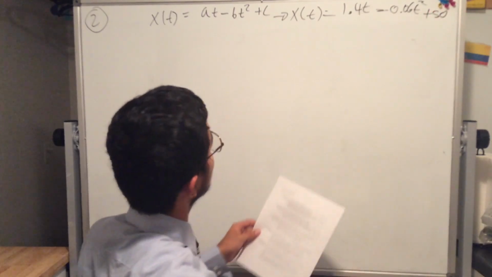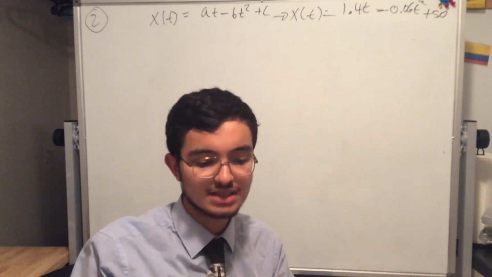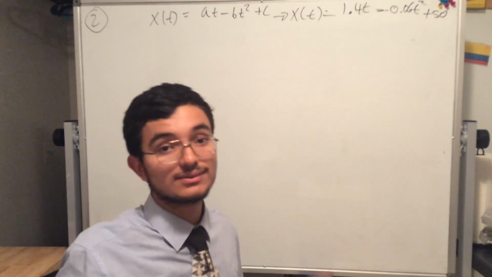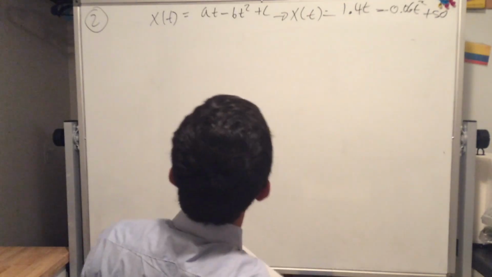That's going to be the position function. Now we're just going to do the same thing we did in the last problem. We're going to calculate the average velocity for the given time intervals: from 0 to 5 seconds, from 0 to 10, and from 10 to 15.